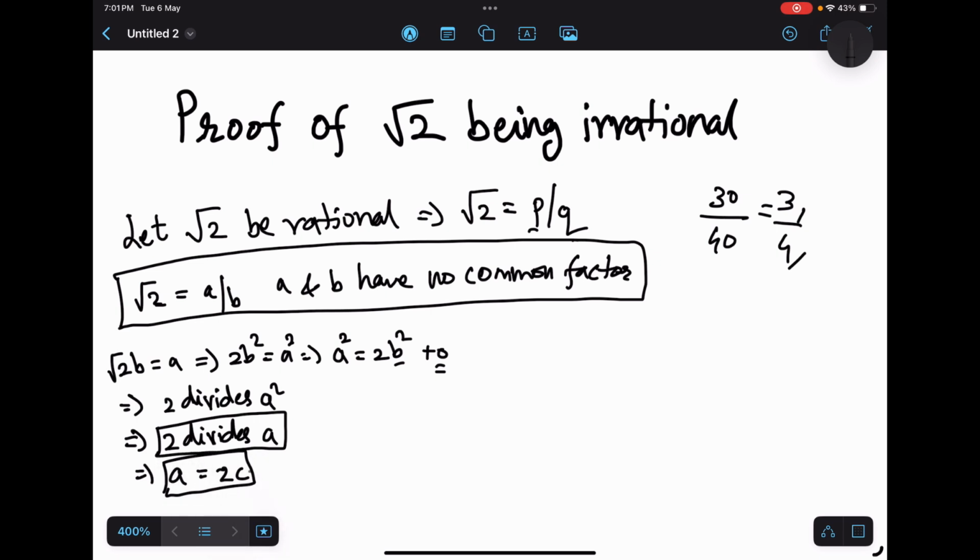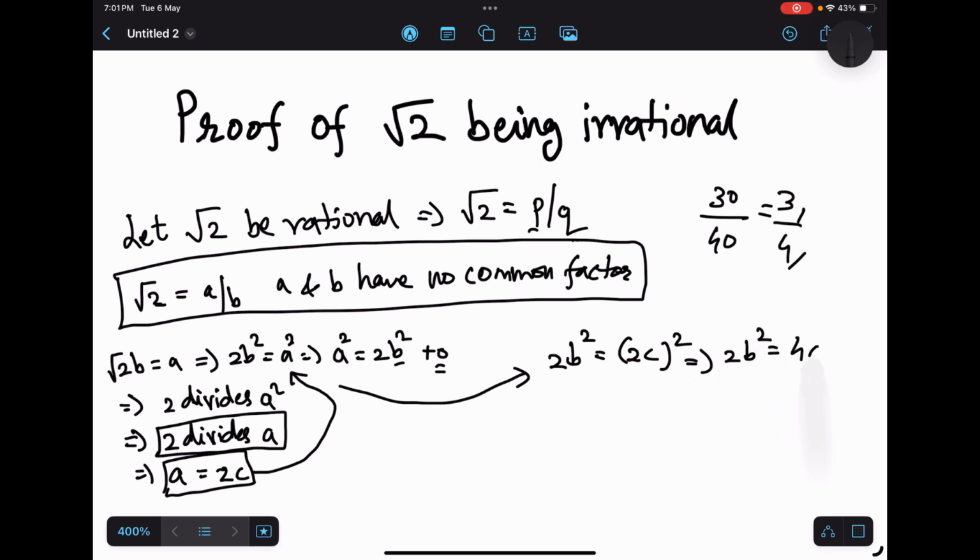Now if we substitute a is equal to 2c in this equation, we get 2b square is equal to 2c whole square. That would imply 2b square is equal to 4c square. If we divide both sides by 2, we get b square is equal to 2c square.